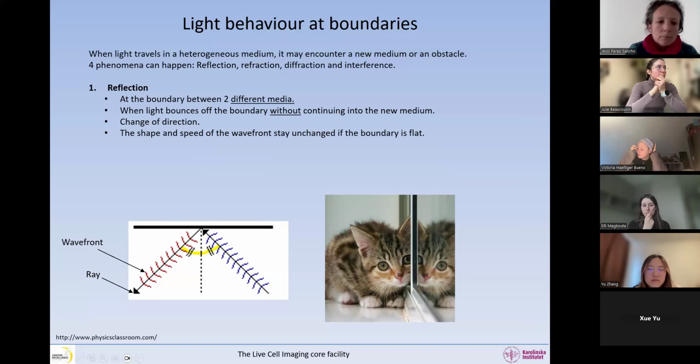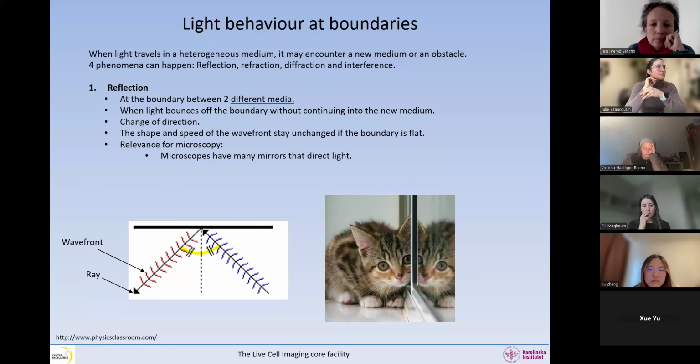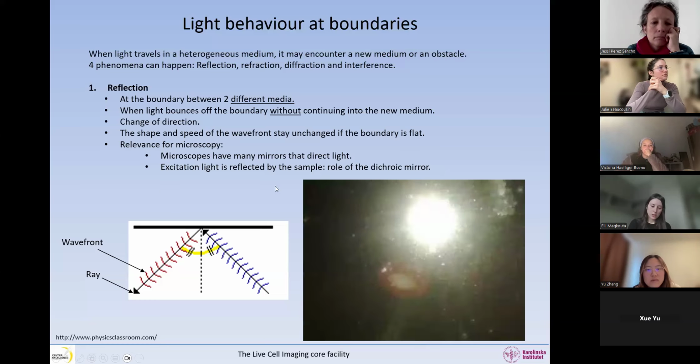So this is reflection. And why is it relevant for microscopy? Well, because in the microscope we have lots of mirrors and they allow us to direct the light to the places where we want to have light going. But also, something more relevant to us who are not inside the heart of the microscope is that when we have our sample, we also have a cover slip on the sample.